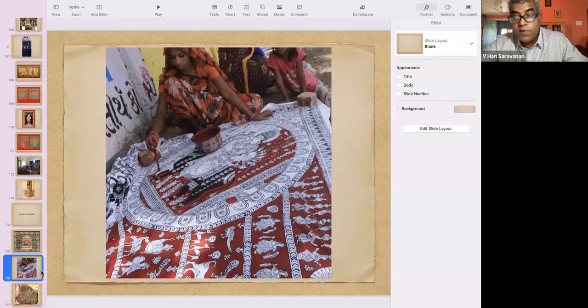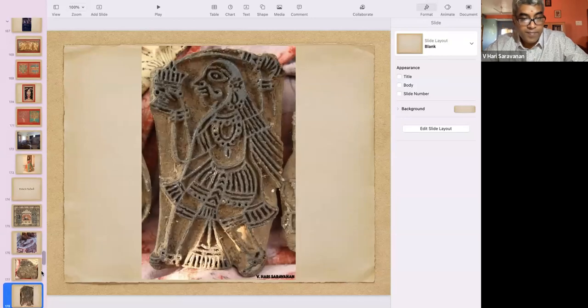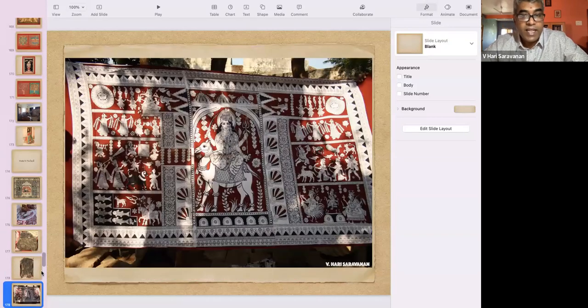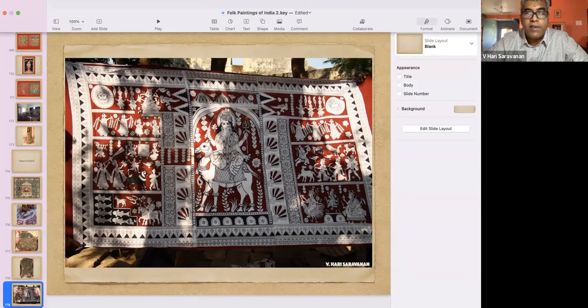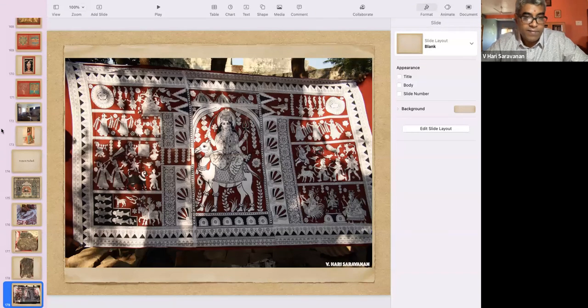The brush they use again is not the tamarind twigs, but bulbul tree twigs. And the background will be white with red and black colors. Of course, there are some artists who do multiple colors, but they are not profusely colored. The coloring of it is much lesser.